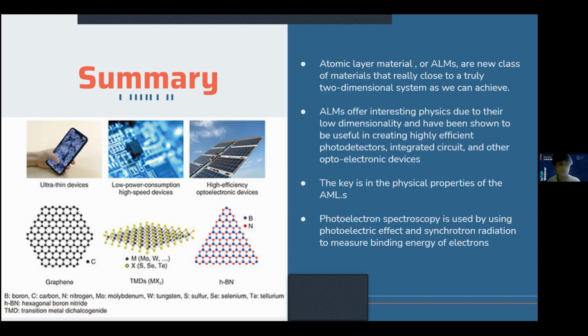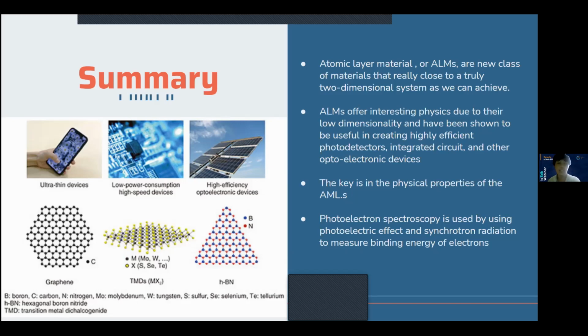Okay, so what is a two-dimensional system? Why does it matter? ALMs offer interesting physics due to their low dimensionality and have been shown to be useful in creating highly efficient photodetectors, integrated circuits, and other optoelectronic devices, such as you can see at the left side of the presentation.